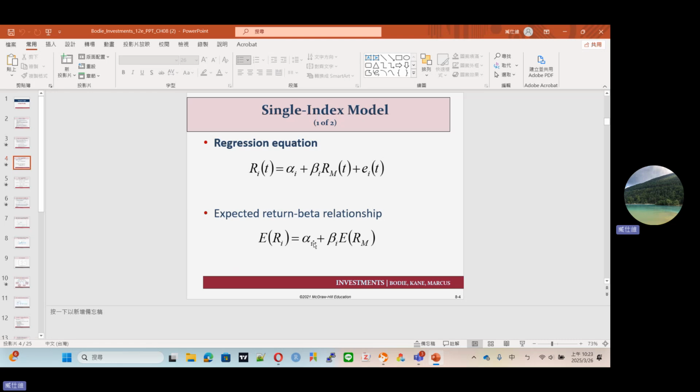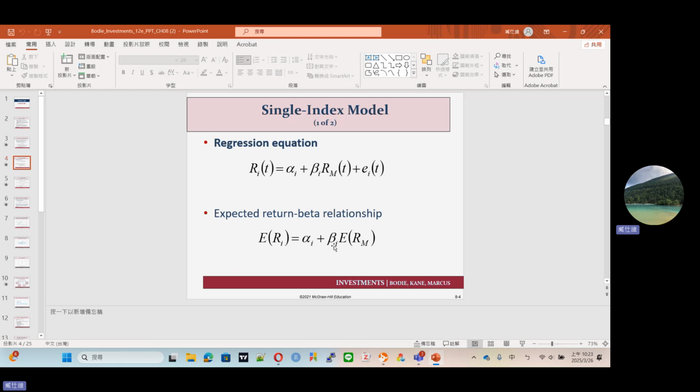Alpha is that, if the market doesn't move, this alpha is the expected return of the stock, without considering the market changes. So that is the expected return of the individual stocks. But if you want to include the market impact, then you have to use beta.